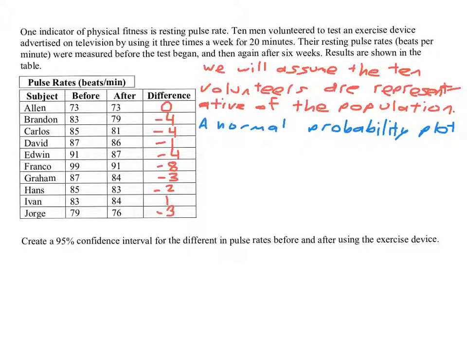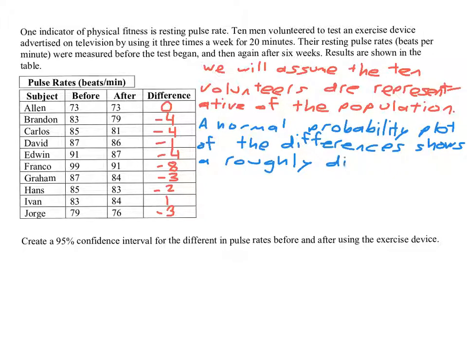A normal probability plot of the differences shows a roughly diagonal straight line, indicating the population is approximately normal.